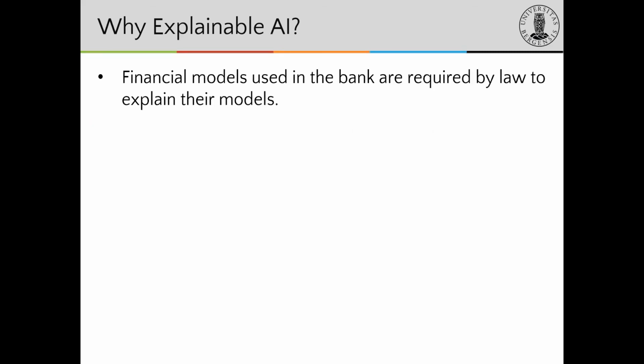We also have a lot of examples showing why explainable AI is important in our daily life. For example, the first one is the financial models used in banks. Most likely, it is required by law for the bank's financial model to be explainable, and the decision is very important, for example, how much money we can borrow from the bank. They need to have a very explainable model to do this.